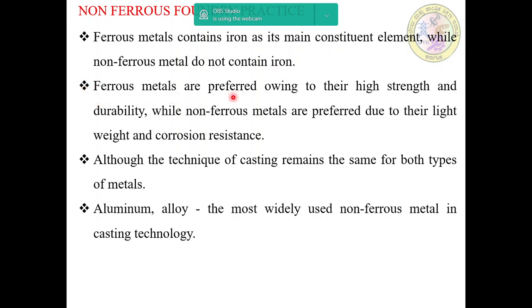Ferrous metals are preferred owing to their high strength and durability, while non-ferrous metals are preferred due to their light weight and corrosion resistance. Although the technique of casting remains the same for both types of metals, aluminum alloy is the most widely used non-ferrous metal in casting technology.